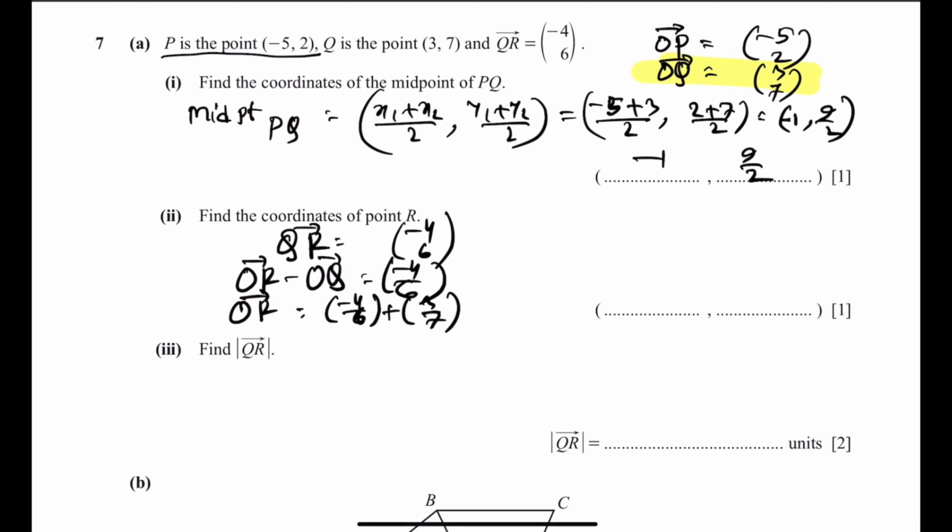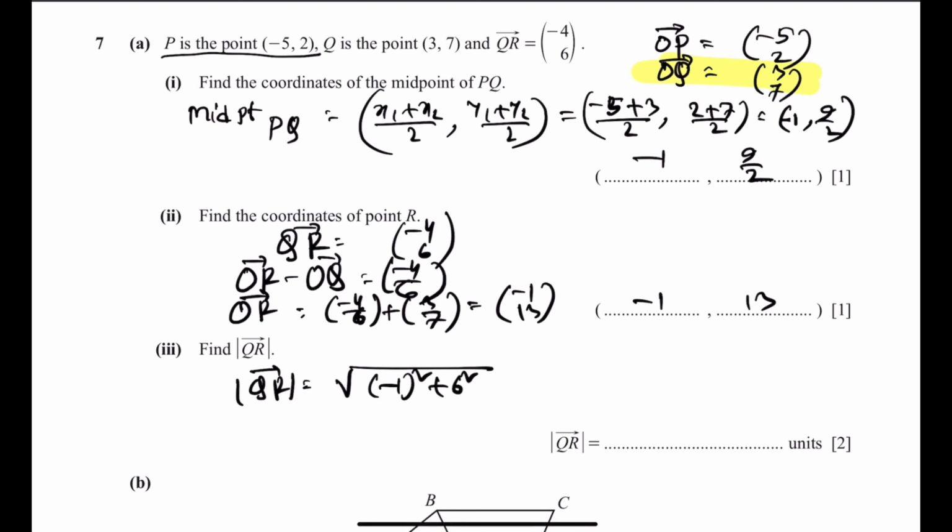So if we calculate minus 4, 3, that is minus 1. Then 6, 7, 13. This is minus 1 and 13. We can find out modulus of QR. We know that formula. QR equals to root over minus 4 square plus 6 square. So 16 plus 36. It can be 7.21. So we can write 7.21.